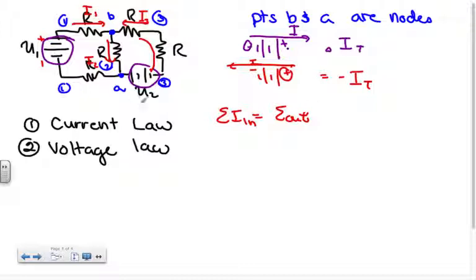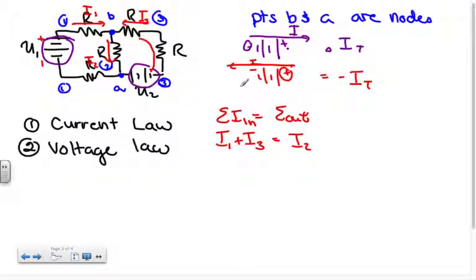So in the case of my currents that go in, I1 and I3, and then the current that goes out is I2, just I2 by itself.